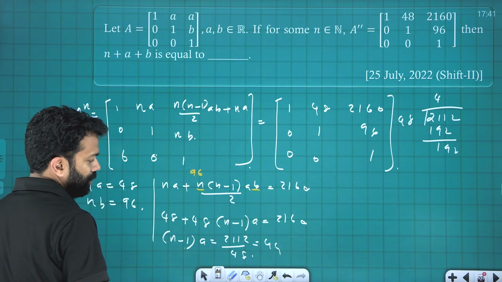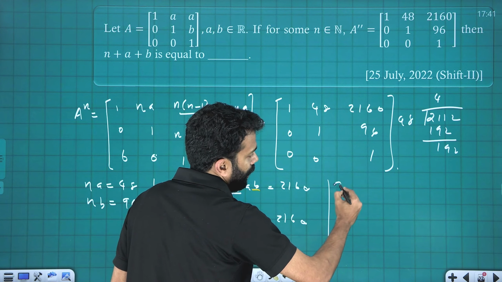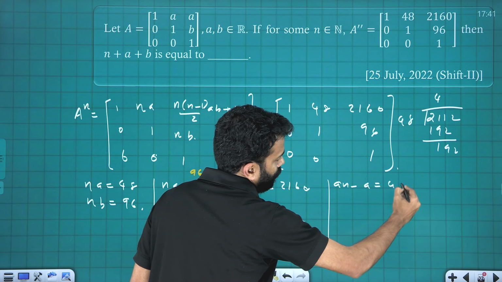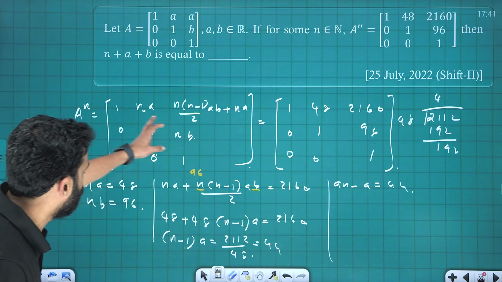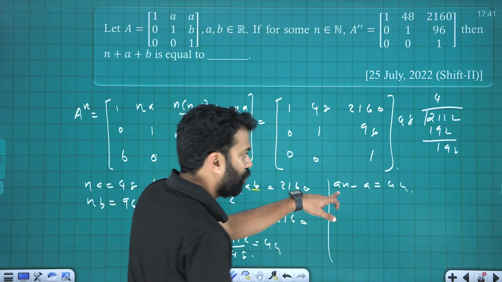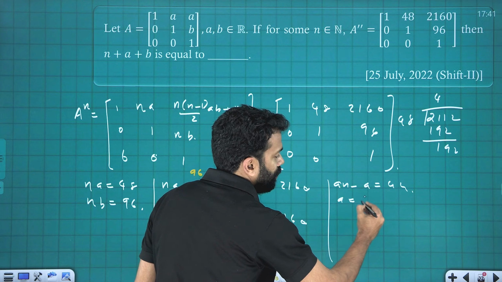Just open the bracket, so it becomes nA minus A is equal to 44. What was nA? It's 48. Substitute 48 here and you will get the value of A.